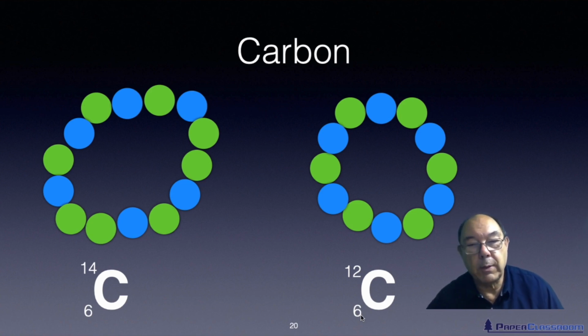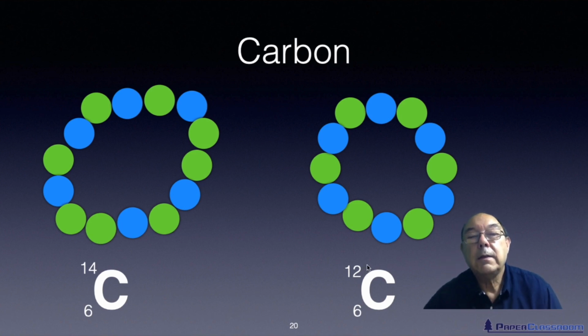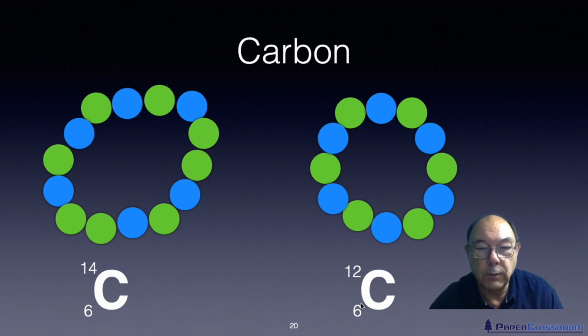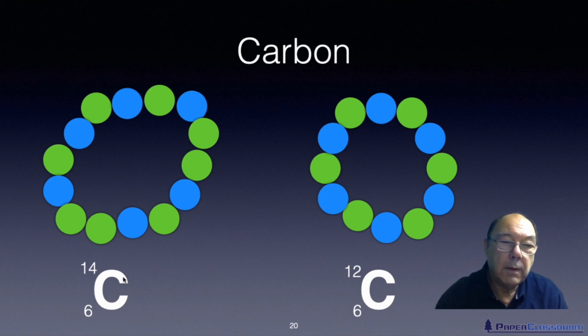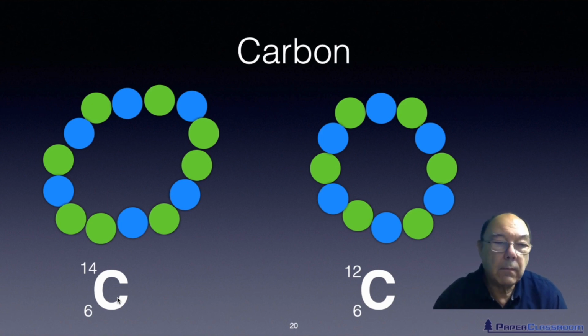As it's carbon, atomic number 6, there must be 6 protons. And the 12 there, the higher value number, tells you the atomic mass. So it has 12 units. So if it has 6 protons and its atomic mass is 12, then by subtracting 6 from 12, that tells you how many neutrons there are. There are 6 neutrons.